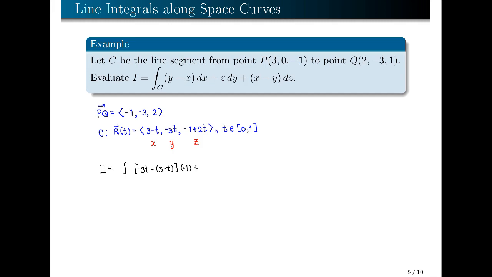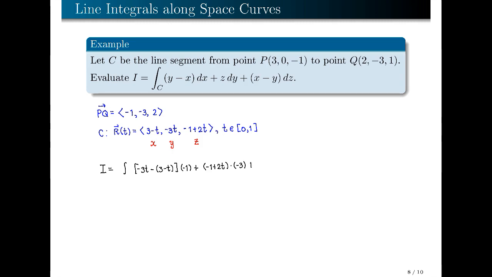Plus z, but your z is negative 1 plus 2t. And for dy, since y is negative 3t, dy is negative 3 multiplied by dt. Again, we only write negative 3 here, and I will write dt at the end of the integral.